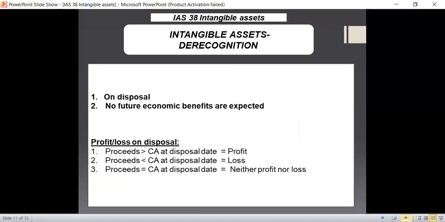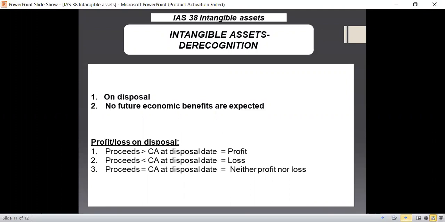Now let us have a look at the derecognition of intangible assets from our books of accounts. We can derecognize our intangible assets from our SOFP in two cases, either on their disposal or when no future economic benefits are expected. And the derecognition depends upon the proceeds which we are receiving by the sale of the particular asset.